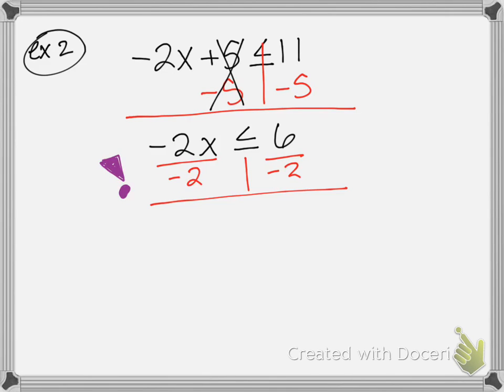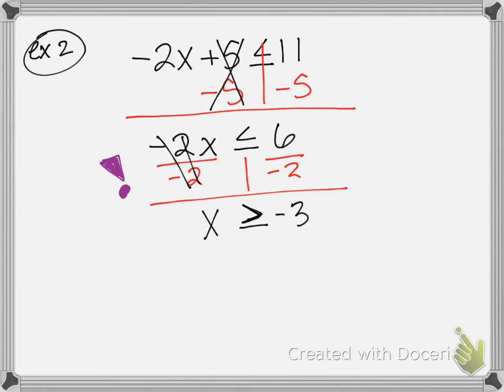So because I divide by a negative, my sign is going to change when I rewrite this. So my negative 2 cancels out. I did divide by a negative, so I'm not going to put less than. I'm going to change it to a greater than or equal to. Right? And I did that because I divided by this negative 2. Okay. And then 6 divided by negative 2 is going to be a negative 3.